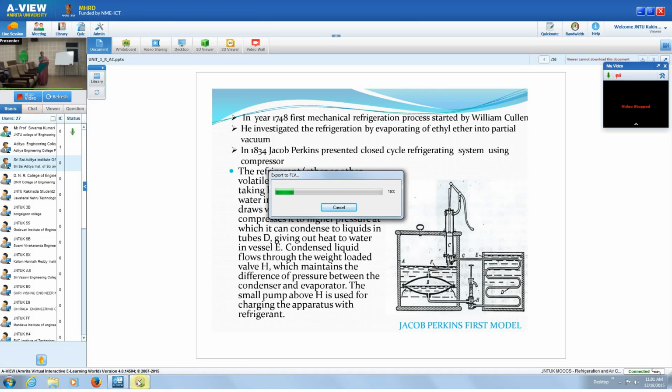If you see Jacob Perkins' first model, you can see the figure and the working given. The refrigerant used was ether.